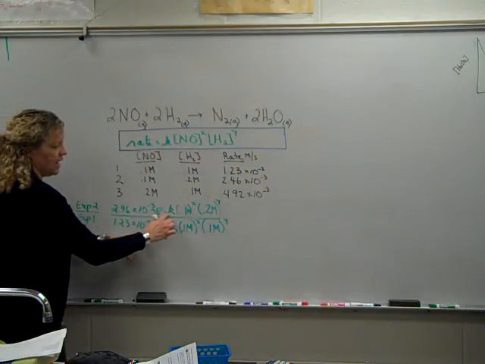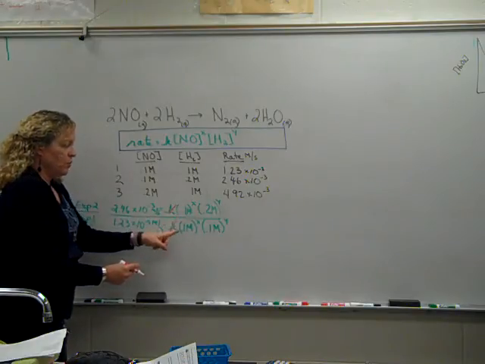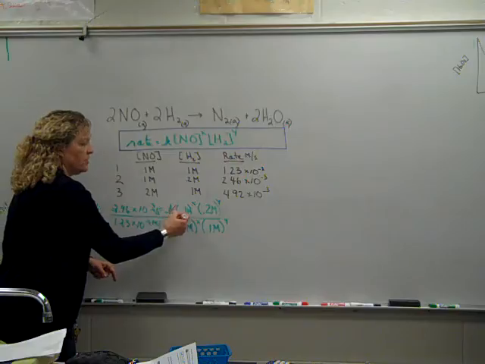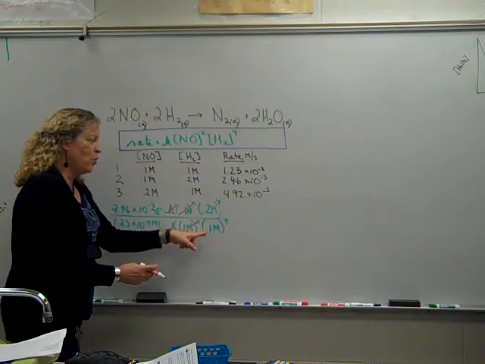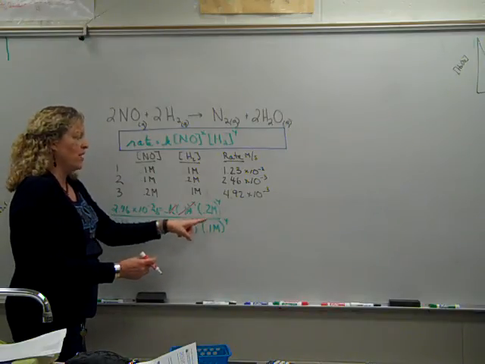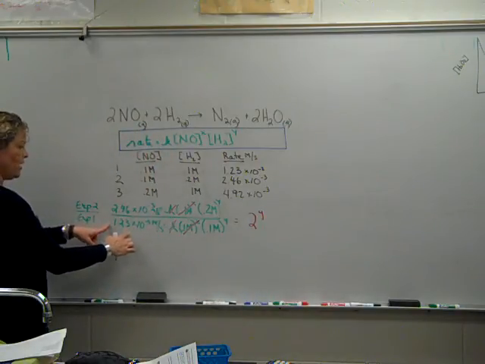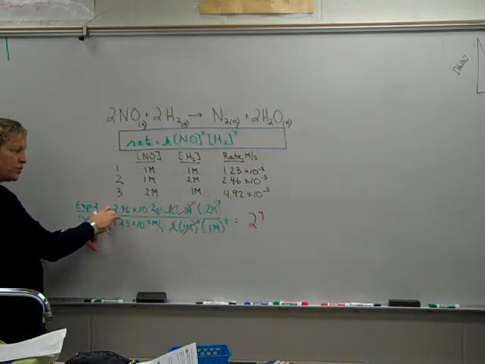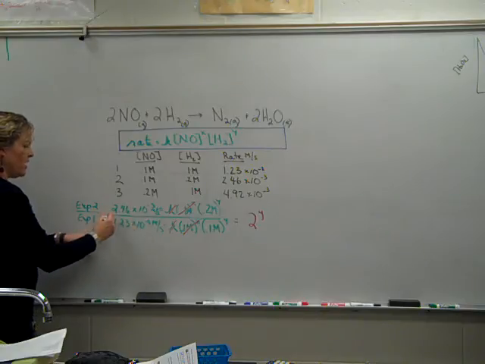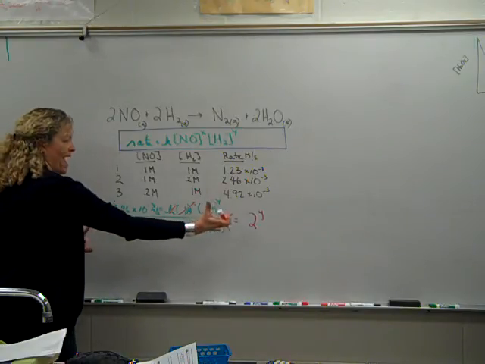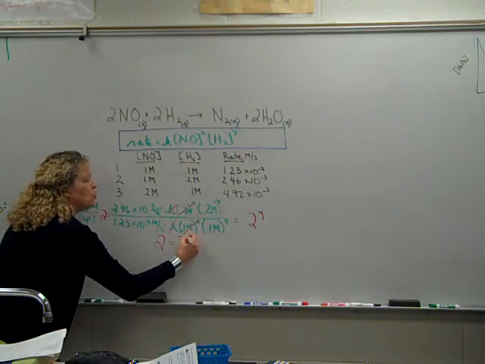If you notice, k over k, it's a constant, that cancels. 0.1 M over 0.1 M, both to the X, they cancel. 0.2 to the Y over 0.1 to the Y simplifies to 2 to the Y. Over here, 2.46 times 10 to the negative 3 divided by 1.23 times 10 to the negative 3 simplifies to 2. So your math basically ends up being 2 equals 2 to the Y.